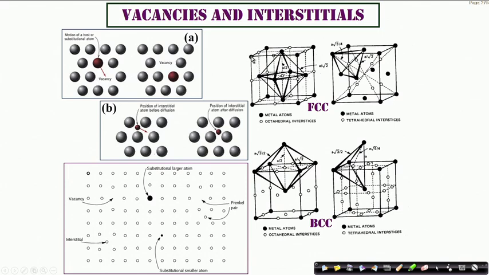So essentially 8 corners and 6 face centering positions are occupied. So 1/8 into 8 plus 1/2 into 6 will make it 1 plus 3. So you essentially expect in an elemental FCC crystal 4 effective atoms per unit cell.